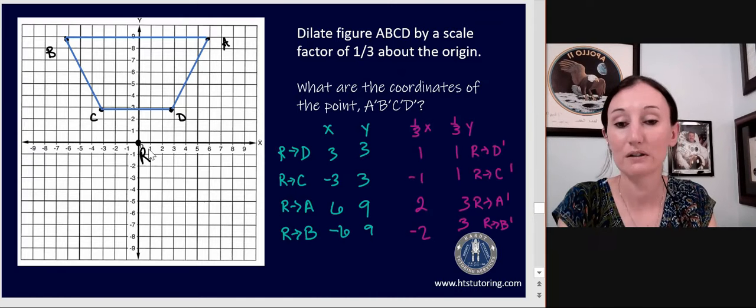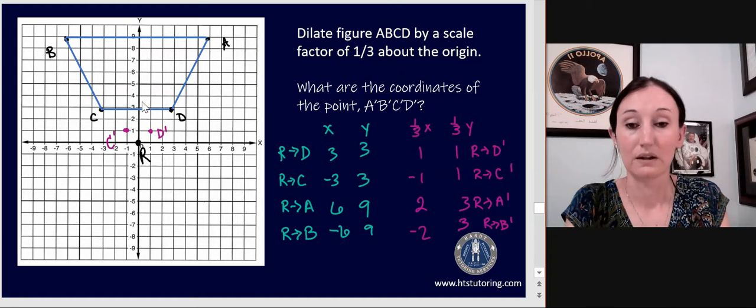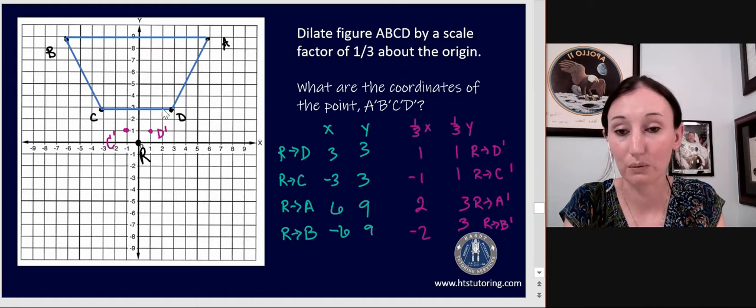All right, so from R to D prime, we're going to go positive 1, up 1, D prime. C prime, we're going to go negative 1, up 1, C prime. A prime, we're going to go 2, up 3, A prime. And B prime, we're going to go negative 2, up 3, B prime.